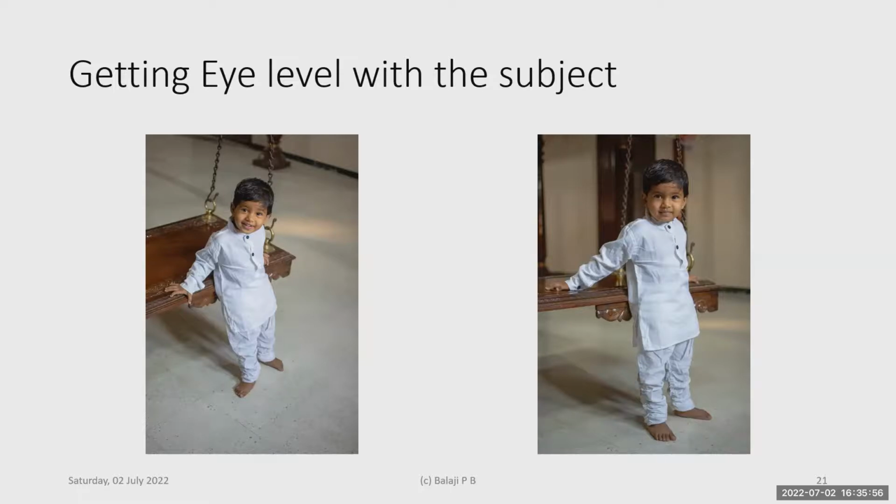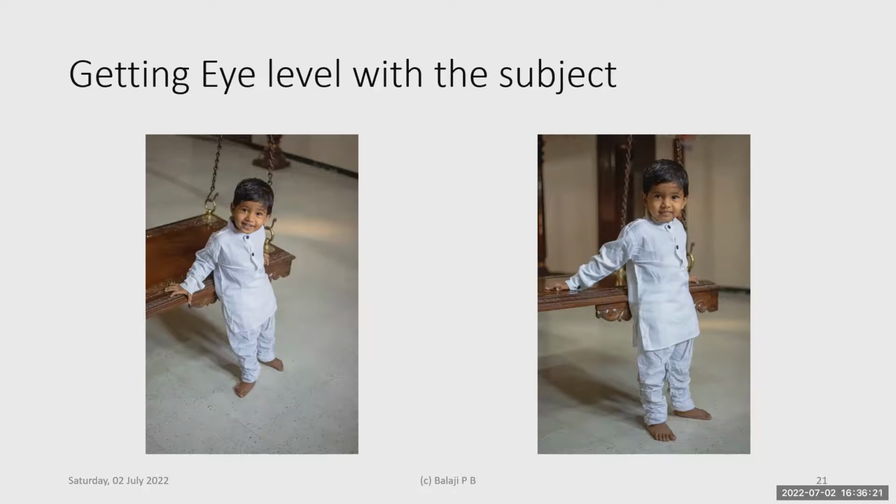In my opinion, it's quite simple to get to eye level with the subject, particularly when you're capturing images with a mobile phone. If you're shooting with a mobile phone, just drop it. You don't need to get down yourself.